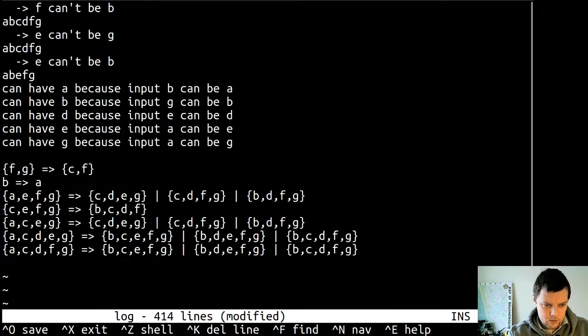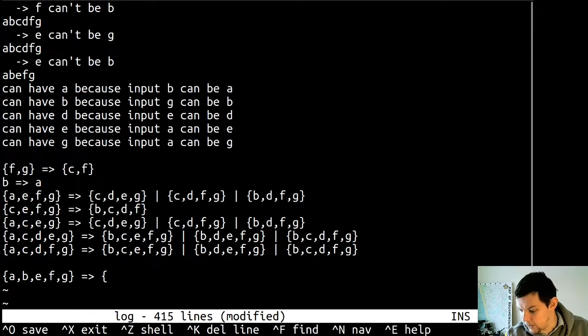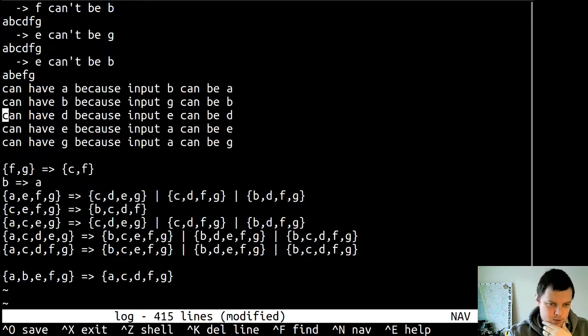So we know that is a 3, which is A, C, D, F, G. But this thinks it can't have C or F because it doesn't think any of the input characters can be C or F. And it thinks input G can be B, even though we know that G is either C or F. So why does it think input G can be B?